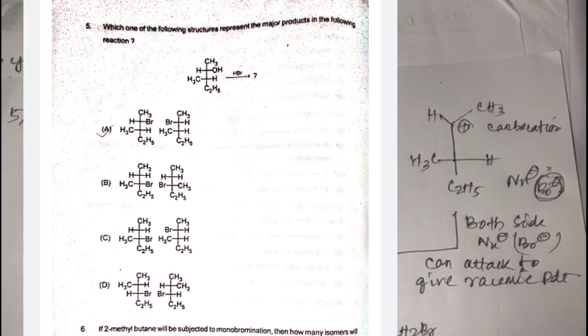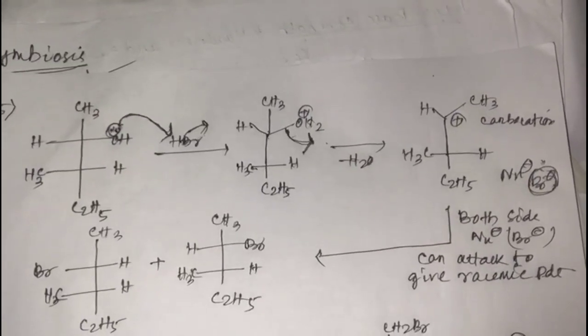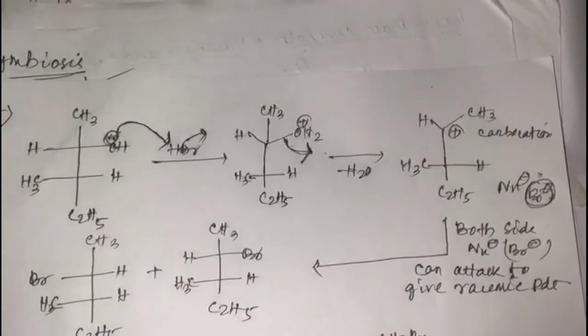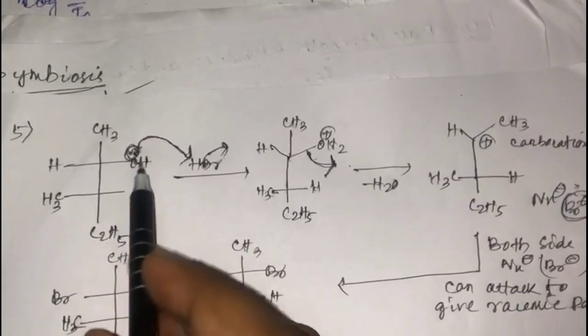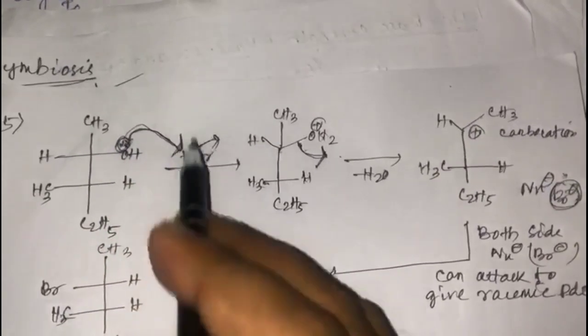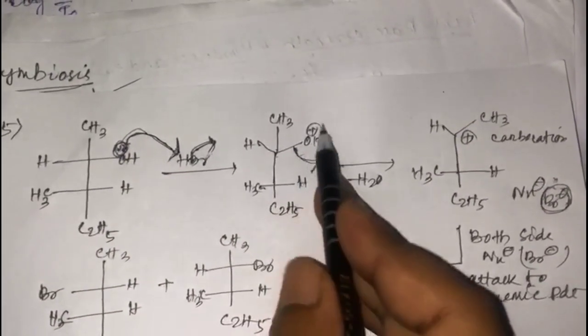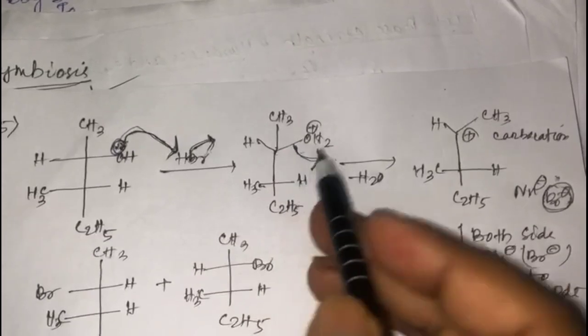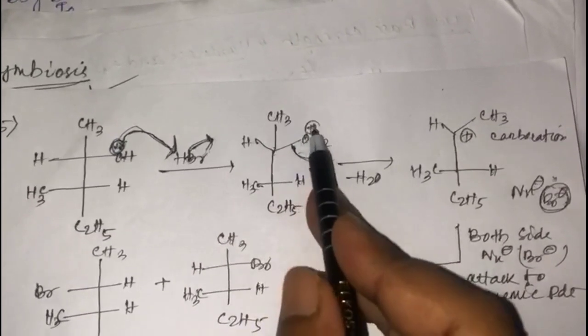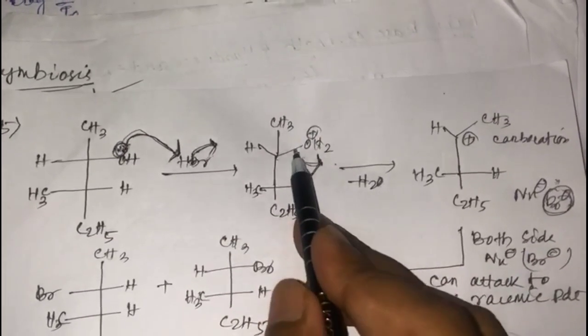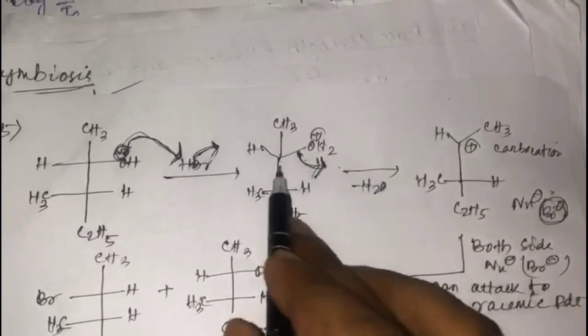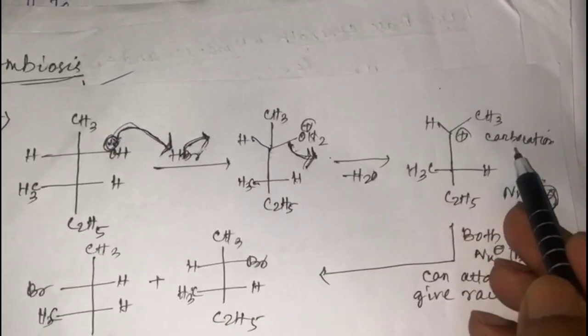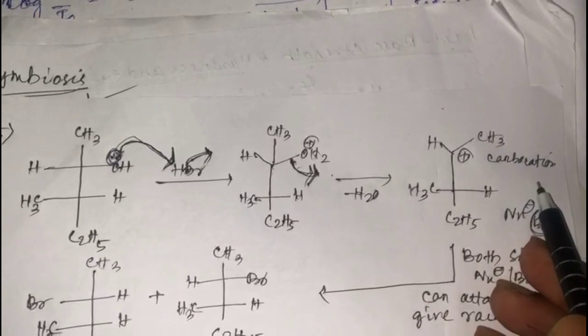So the next question is, which one of the following structures represents the major product in the following reaction? So this is your reaction, and this compound reacts with HBr. Here a lone pair on oxygen attacks H, and this compound is formed. Here water is a good leaving group, and it is eliminated to give rise to a carbocation.